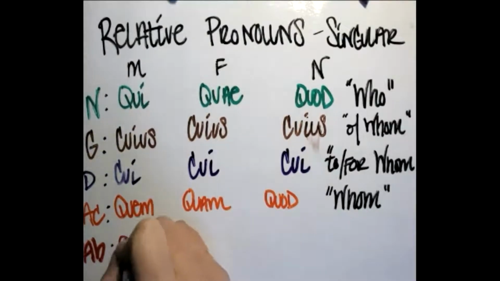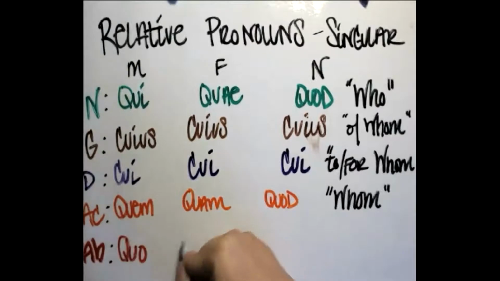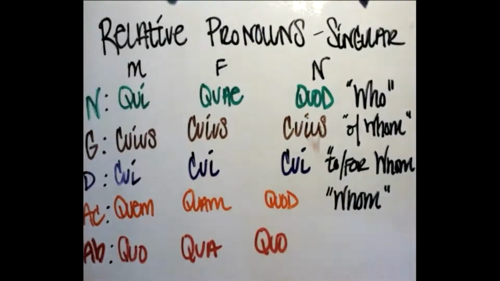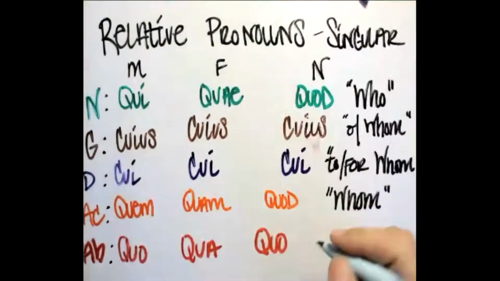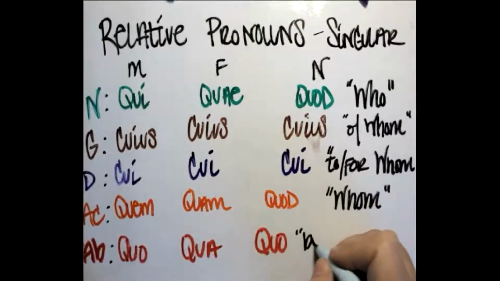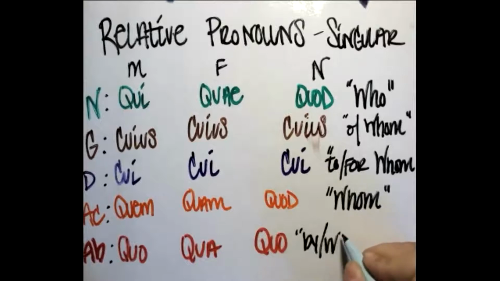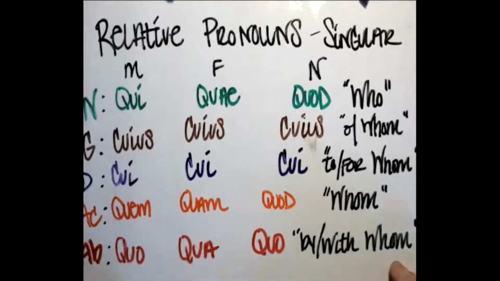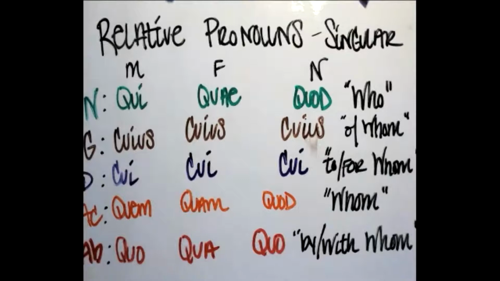So quo, qua, quo. And this is by, with, whom. There. Okay, so those are our singular forms, masculine, feminine, and neuter.